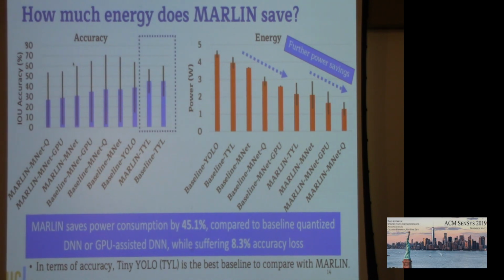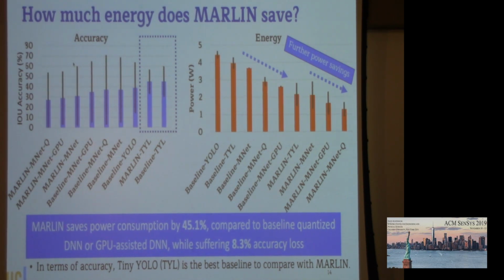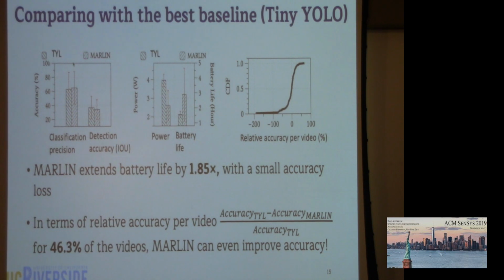Another takeaway is that you can see on the left-hand side, in terms of accuracy, that tiny YOLO is the best baseline to compare with MARLIN because it provides the highest IOU accuracy. So when you compare with the best baseline, tiny YOLO, we experiment with more videos, up to 80 videos in total.